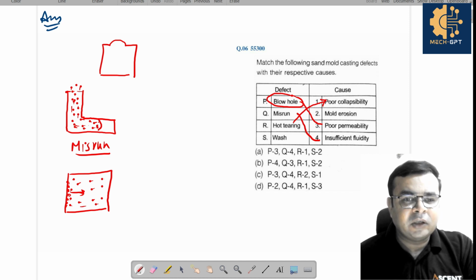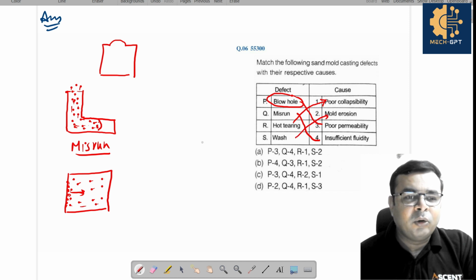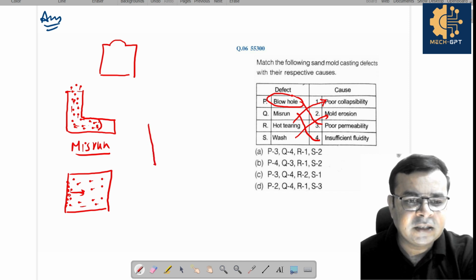And the next one is wash defect. So wash defect is mainly caused due to mold erosion. Means, let's say suppose you make a casting like this, this is the sprue and this is the sprue well.